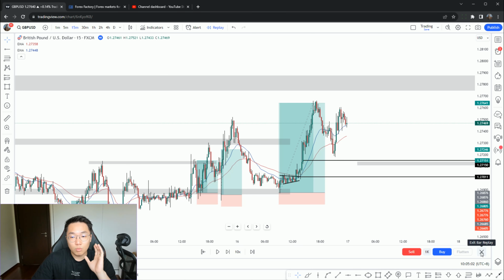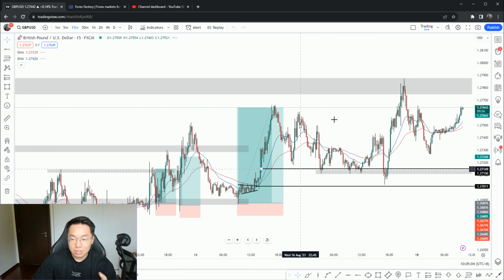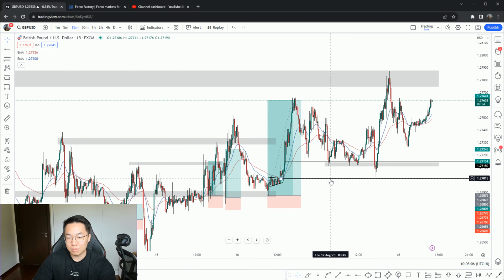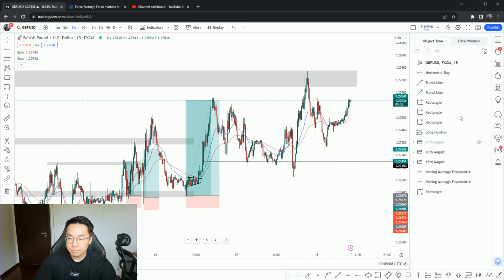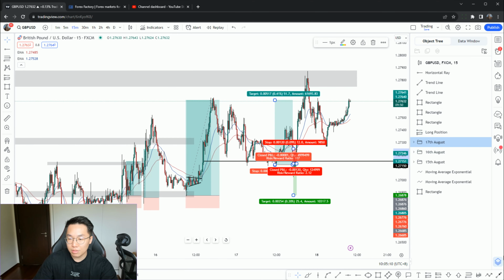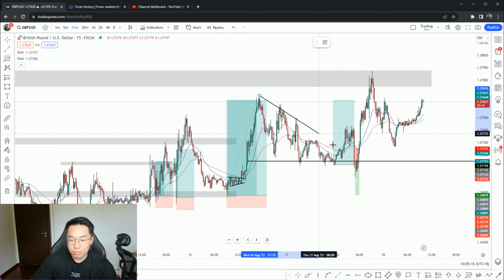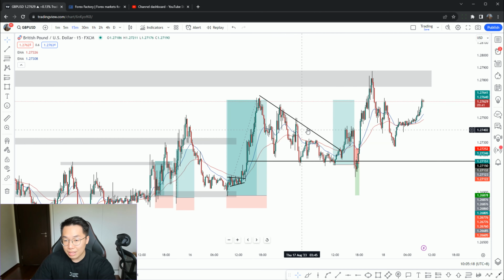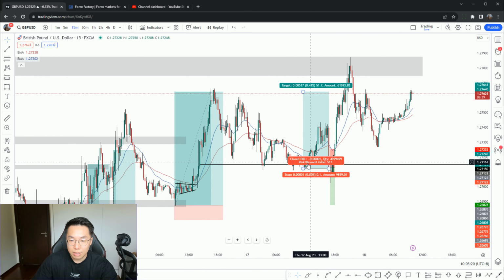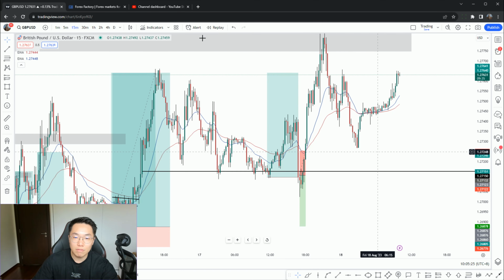So what I'm trying to show here is that I'm not perfect. Yesterday I messed up a bit of my bias, my thesis. You can see that when I saw price forming a low, potentially a bull flag here, I entered my first long position, but as price smashed all the way back, I moved stops to break even to protect the downside.